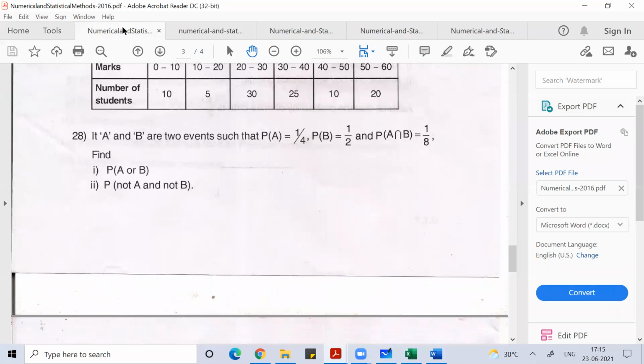So this 28, you see, guys. See this question number 28. This we have not done.